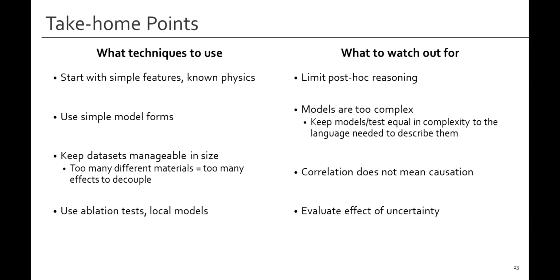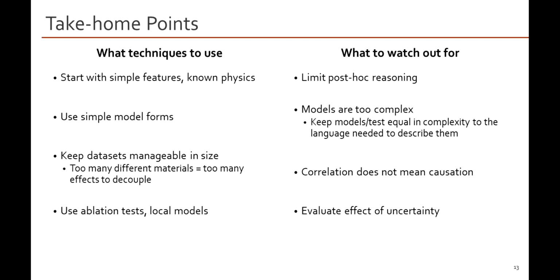My take-home points from this lecture are to highlight a few rules of thumb to keep in mind as you're trying to create a machine learning model that is interpretable. You're going to want to start with simple features that already have some meaning you can associate with them. Use a simple model form, something that produces a model that you can read as a human.